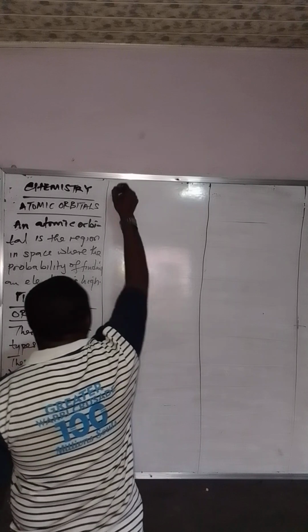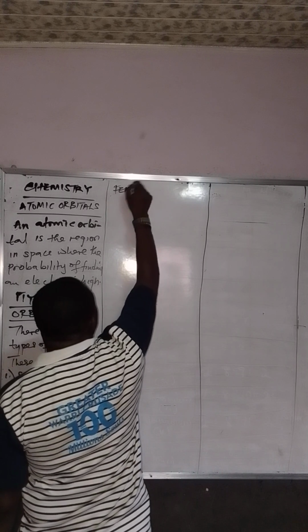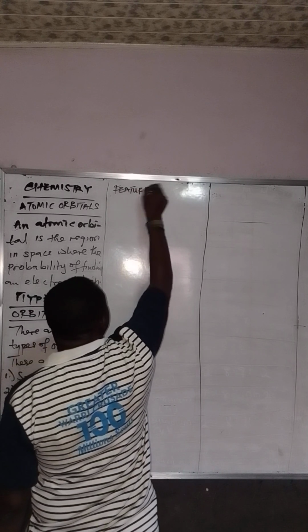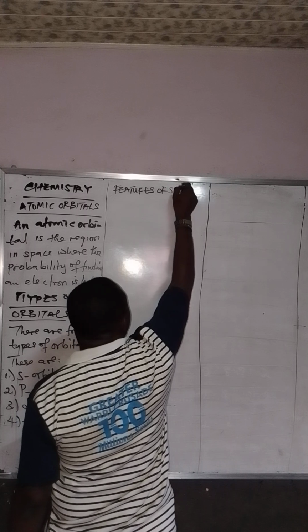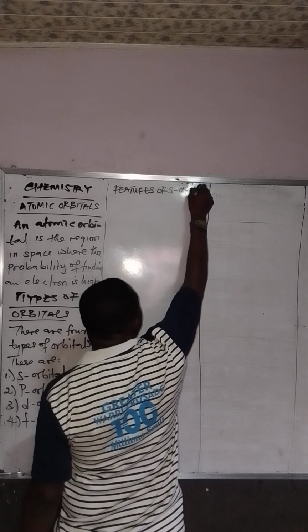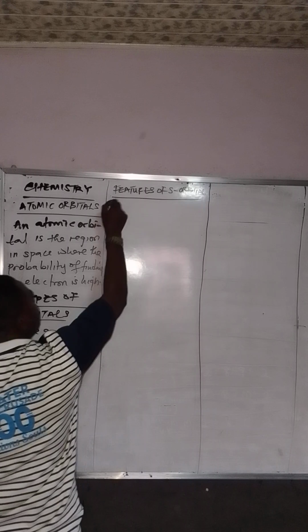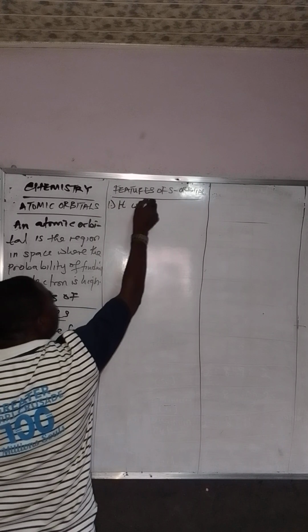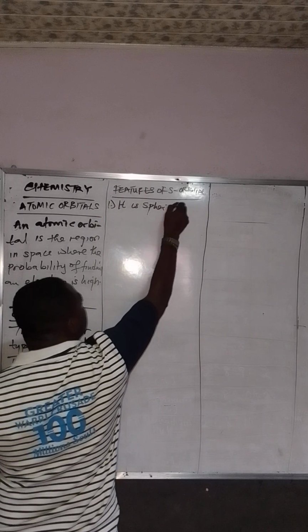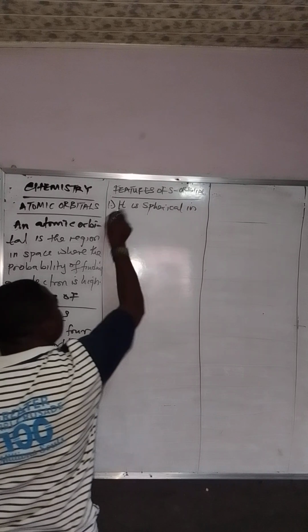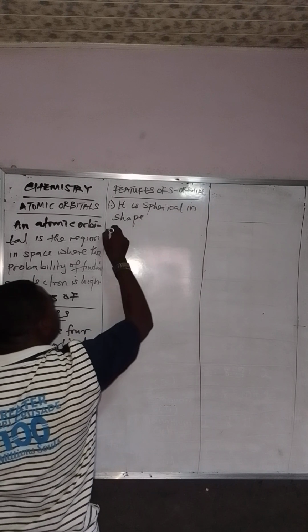Let's talk about features of s orbitals. Number one, let's talk about the shape. It is spherical in shape.